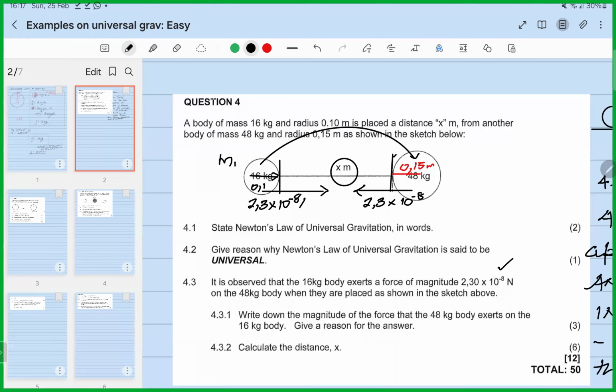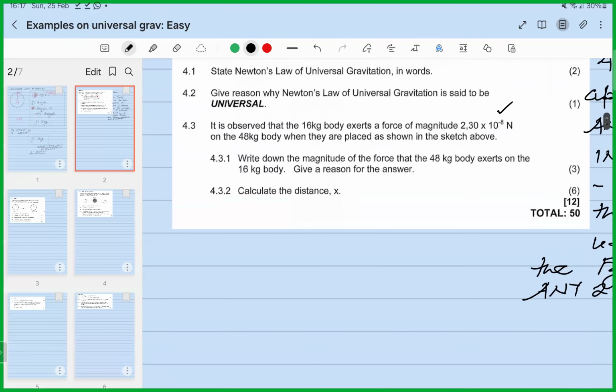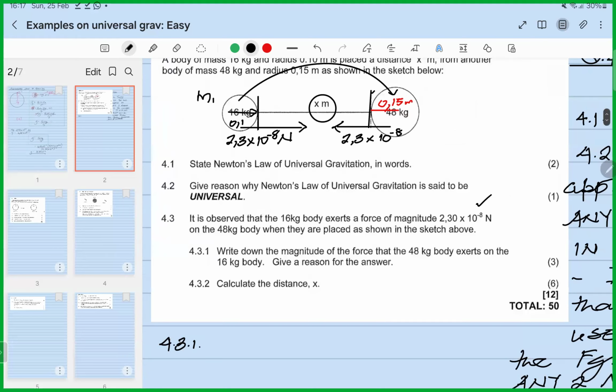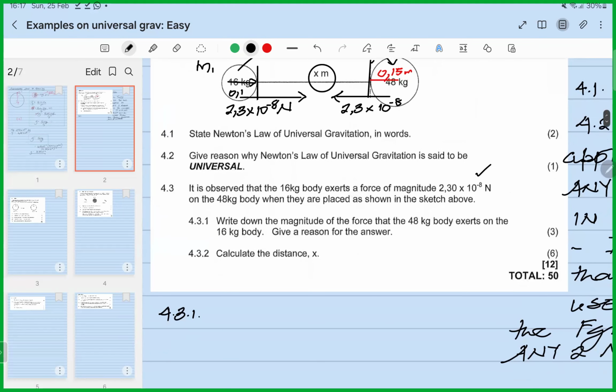Because this is an example of Newton's third law, and this is basically an action-reaction pair exerted on two masses over a distance. So 4.3.1, they gave you 3 marks for that. They wanted to check whether you understood that concept. So the answer is 2.3 times 10 to the minus 8 newtons.